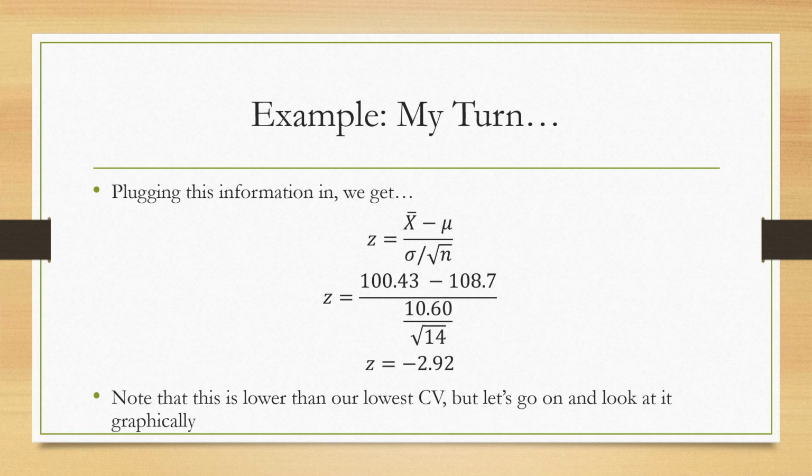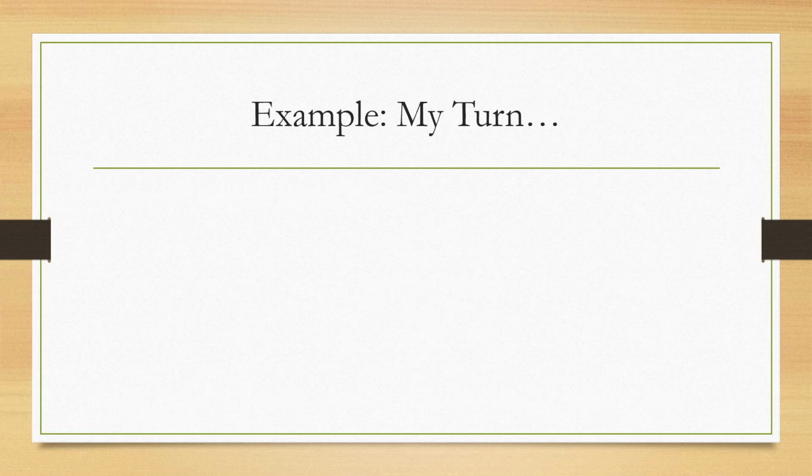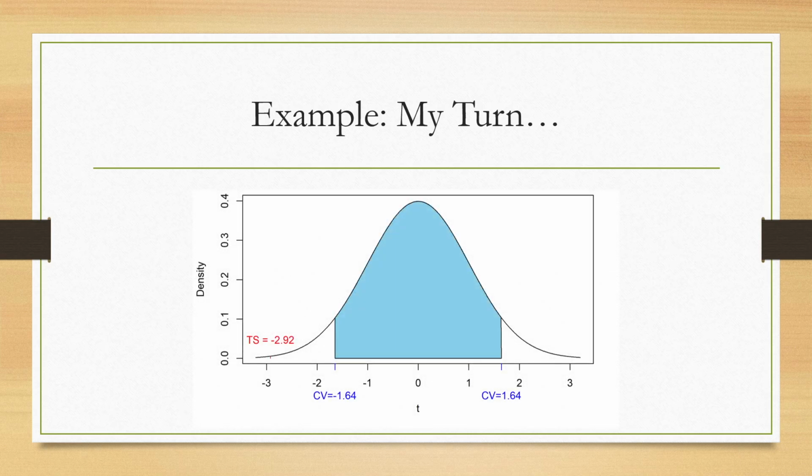But let's go on and look at this graphically too. Because it's lower than the lowest critical value, we know this is a significant difference. Here we can see a graphic of this. We see the critical values here, and then we have the test statistic down here, which is lower than the lowest critical value. So again, this is our area where we're saying this is outside of the range.